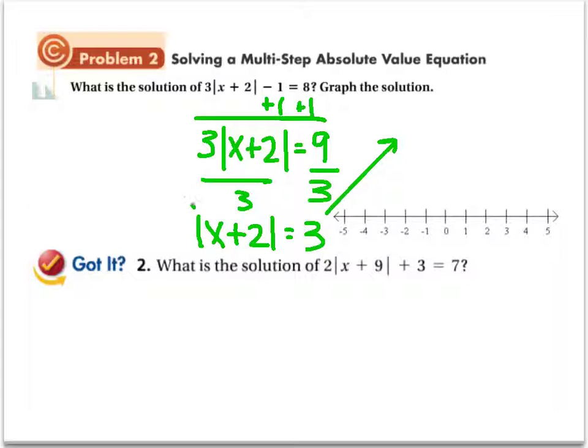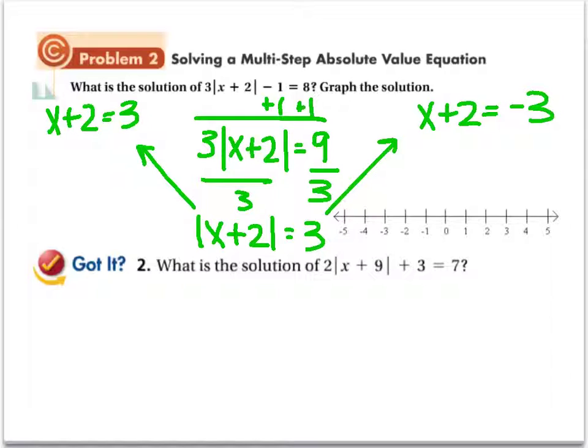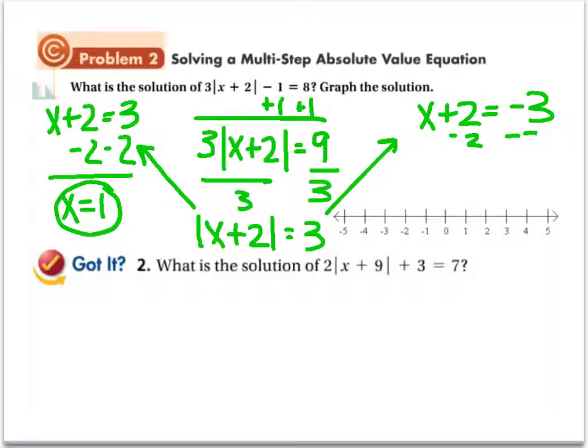Now I can set up my two different equations. x plus 2 equals 3, and x plus 2 equals -3. So x is 1, and x is -5. Graph those by putting a point on both of the values, 1 and -5.